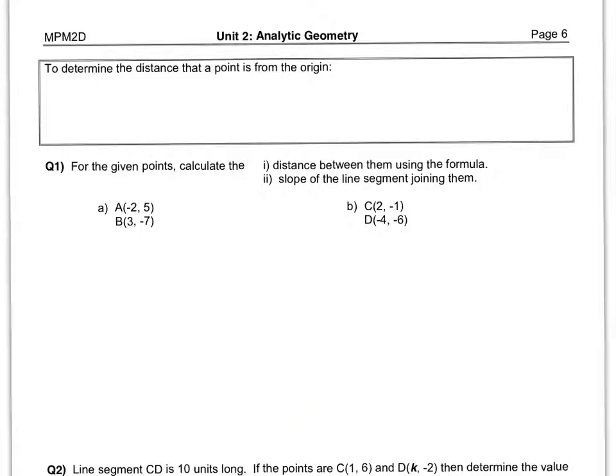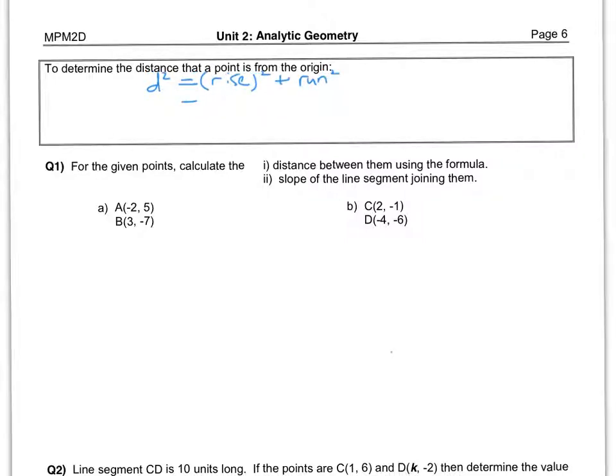Okay, next. To determine the distance between two points, I tend to still go back to the fact that distance squared is equal to run squared plus rise squared. You can write that in to remind yourself what that is.